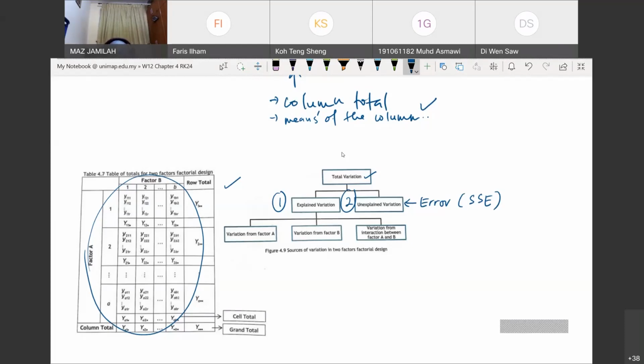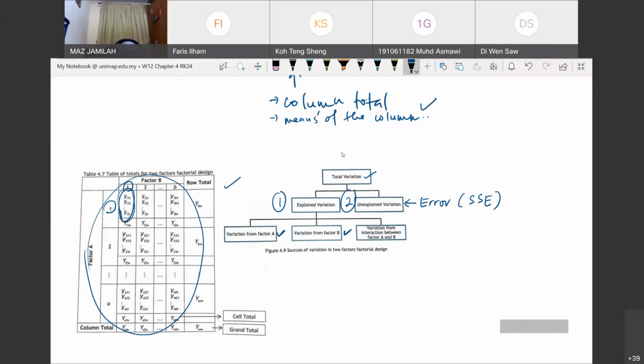Now, since you have two factors in your setting, factor A and factor B, there will definitely be variation from each factor: variation for factor A and variation for factor B. And since we are talking about the interaction between level 1 of factor A and level 1 of factor B, with the response variable being the result that we gathered, we believe this interaction will contain some variation.